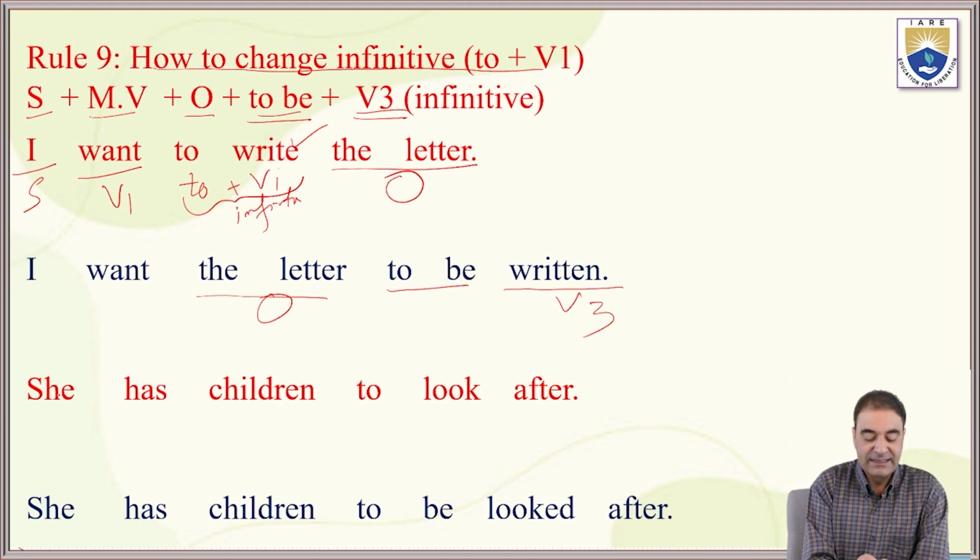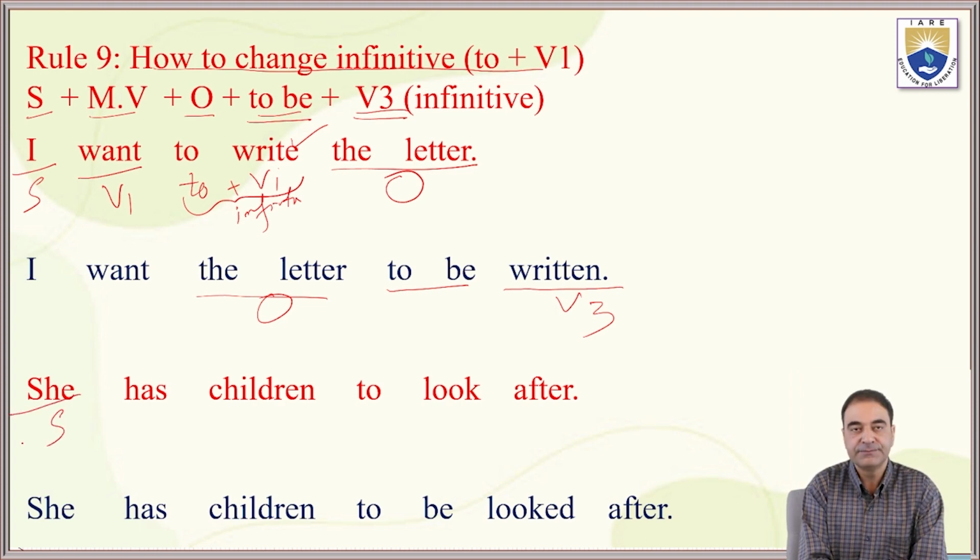Now look at the second sentence. "She has children to look after." She is the subject, has is a helping verb, but in this sentence it acts as a main verb.